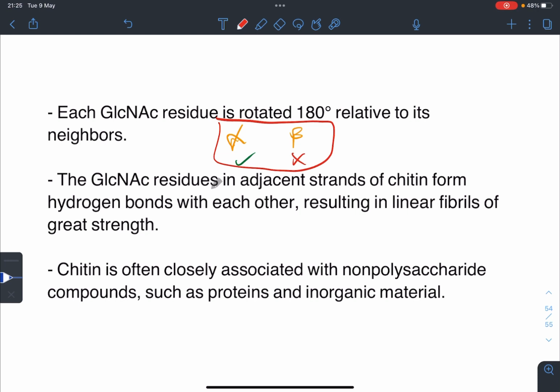But you just need to know these values, and just know that one of them, the OH is higher up here. For beta, the OH is on top, but for alpha, the OH is actually at the bottom. So that's how you can separate alpha and beta glycosidics. You can get into the details later on. We can make this thing more complex, but just know that alpha and beta are like this.